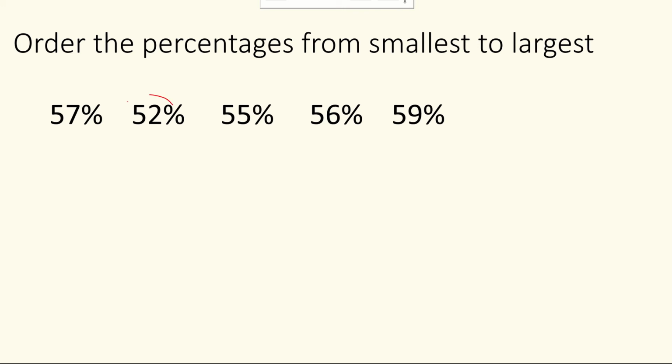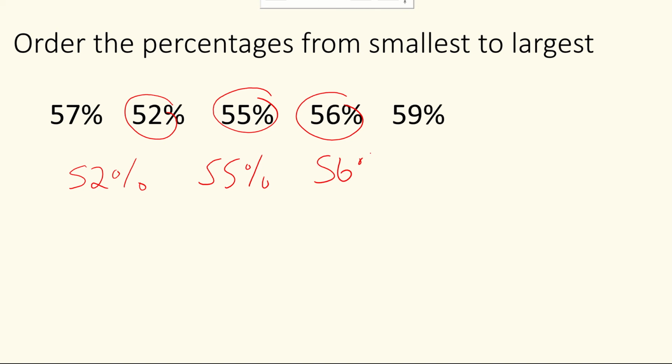So for example, this is the smallest one, 52%, and then 55 is next, and then 56 is next, etc., and put the other 2 in. 1 mark, job done.